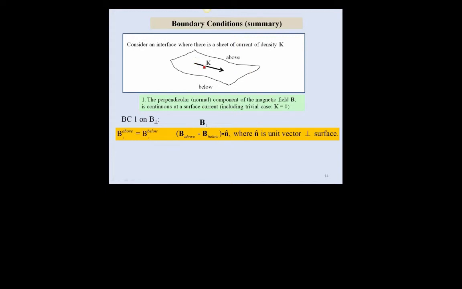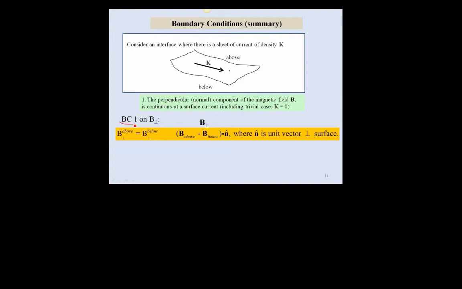And so if you take a point on the sheet and then look at just above and just below the sheet, then the first boundary condition is that the perpendicular or normal component of the magnetic field B is continuous at a surface current. And this of course includes the trivial case where K equals 0. So here's the way we write that.